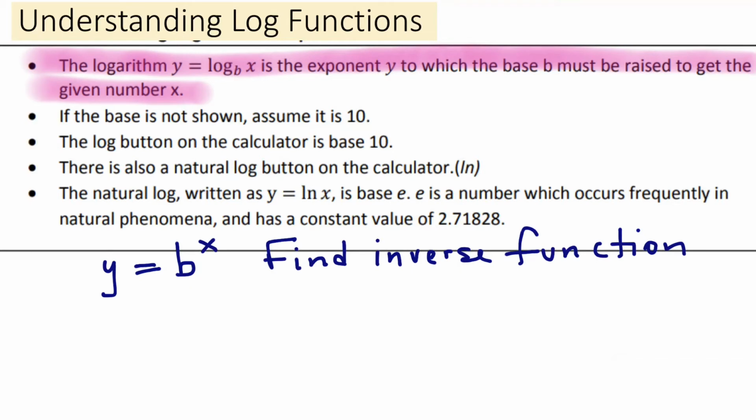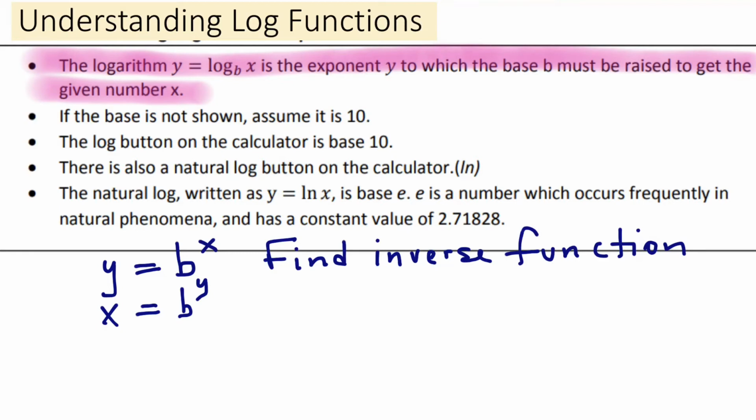Okay, so let's try to do what we did in the last unit on finding inverses to this function y is equal to b to the x. So if I wanted to find the inverse function, I would have to apply step 1, which is switch the x's and y's. So I'm going to switch the x's and y's. Then step 2 is we need to solve for y. However, I need to have a way of undoing that b to the y.